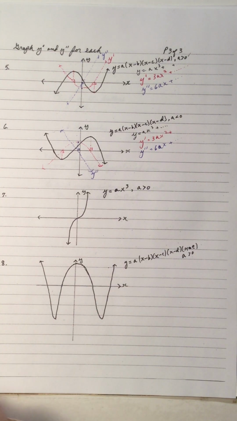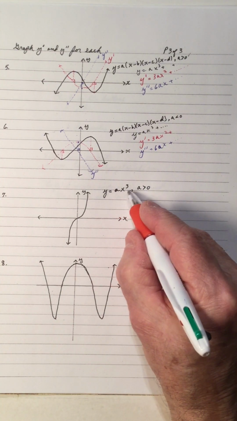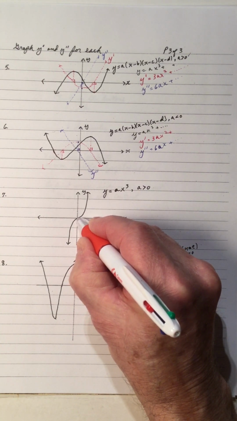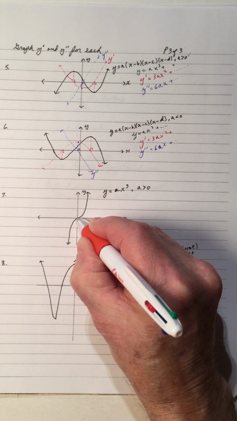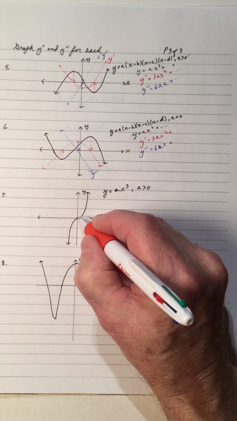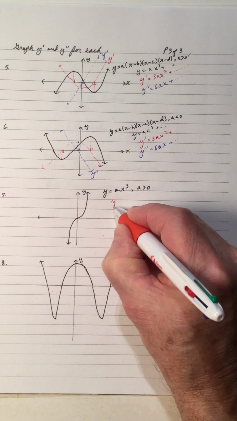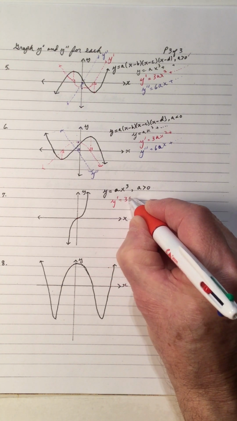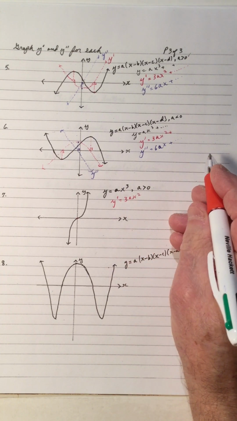And we have another one, which is just a cubic, but this cubic passes through the point 0, 0. And it's positive, meaning it's coming down from the top and bending. So when we do y prime, we get 3ax squared.